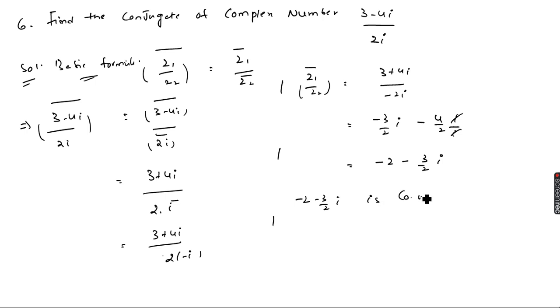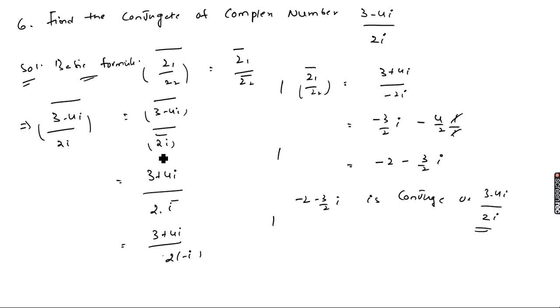So that minus 2 minus 3 by 2i is the conjugate of (3 minus 4i) by 2i. Here the basic formula is: if there is z1 by z2 whole conjugate, that is nothing but z1 bar by z2 bar, which is the conjugate of 3 minus 4i by the conjugate of 2i. For 3 minus 4i, if we have a minus then we put a plus.